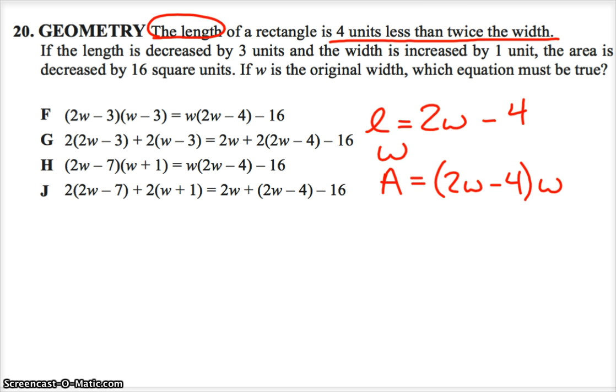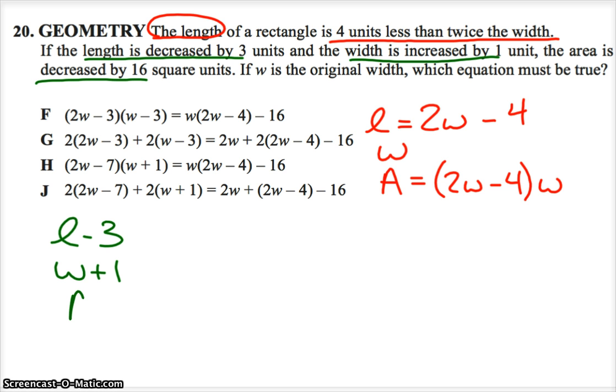The next step, which I'll put in green, is our new rectangle. In the new rectangle, the length is decreased by 3, so L minus 3, and the width is increased by 1. And the area is decreased by 16.